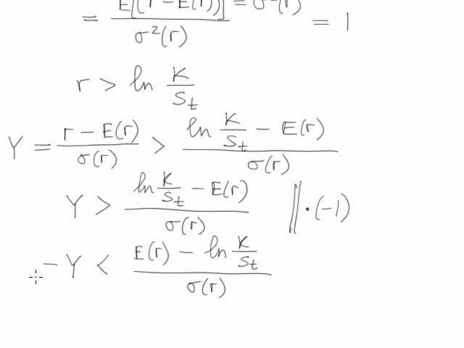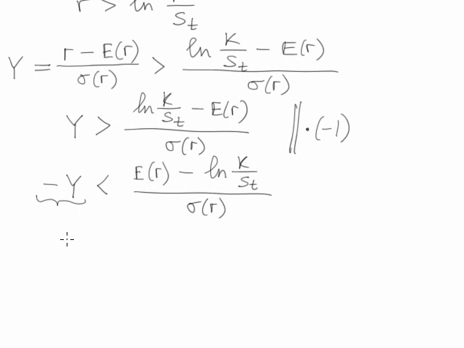But because y is symmetric, we can introduce the quantity z, which is also a random variable with expectation value 0 and standard deviation 1. And so this equation transforms to this one.